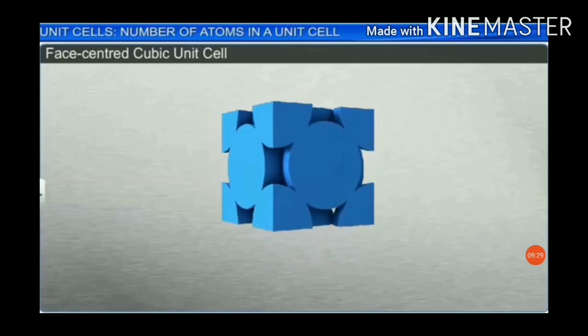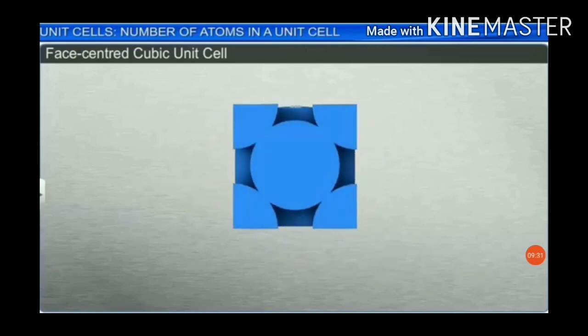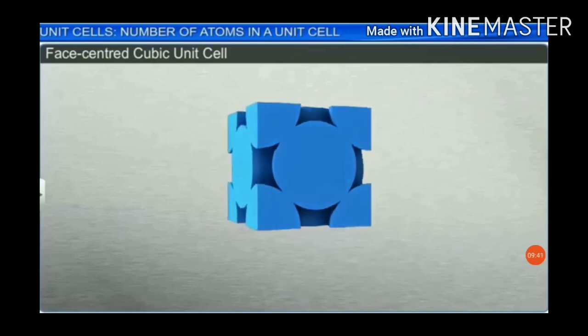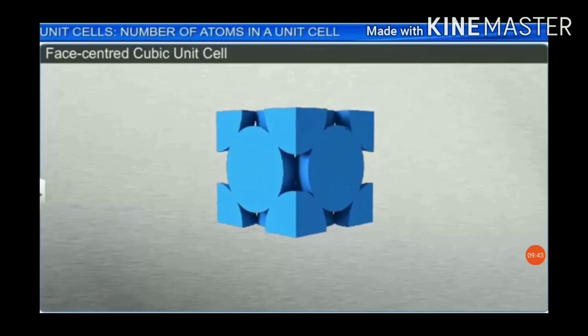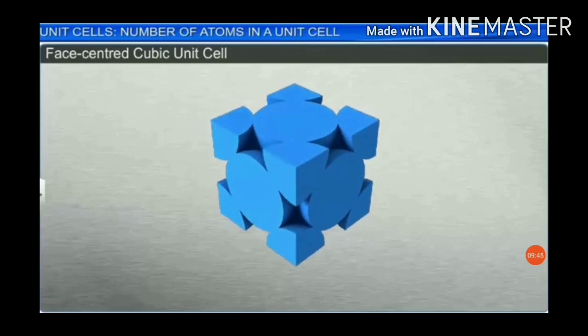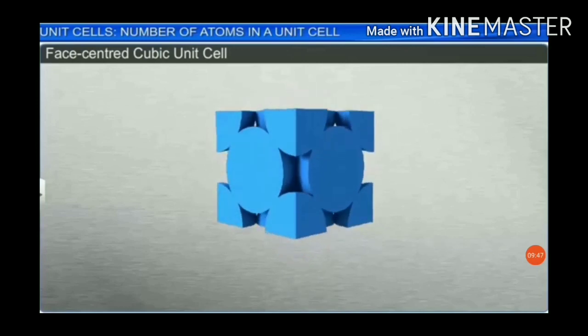the number of particles present from its corners is equal to 1 by 8 into 8, which is equal to 1 particle, and the particles present at the face centers is equal to 1 by 2 into 6, which is equal to 3 particles.